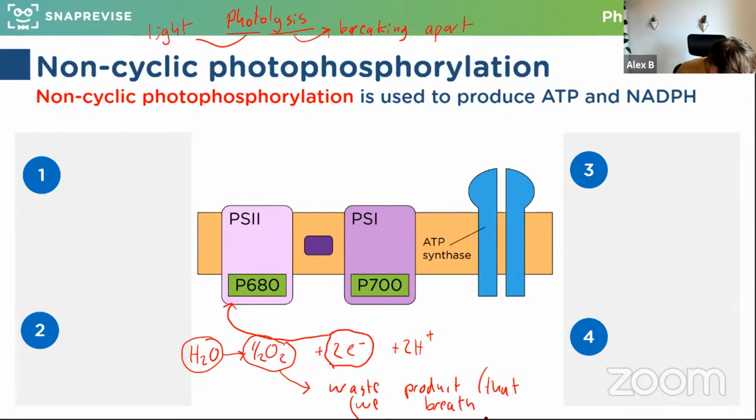That bit doesn't really need to be added, but just checking on any questions. Yes, H2O is indeed water.